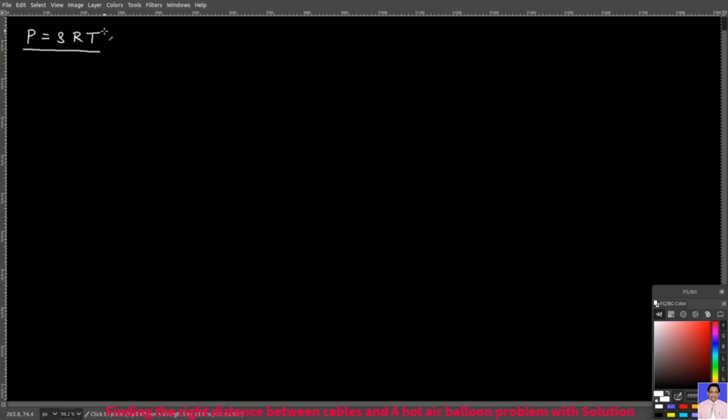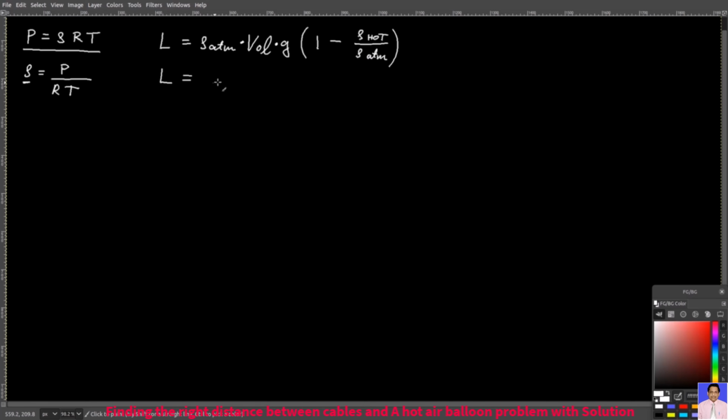So this is our equation of state. This is our lift force. If I rewrite the equation of state like this, then I have my air density here. And that means that I can rewrite this lift force like this. I still have this part the same, but then I have 1 minus, and instead of rho hot, I will write P over R times T hot.